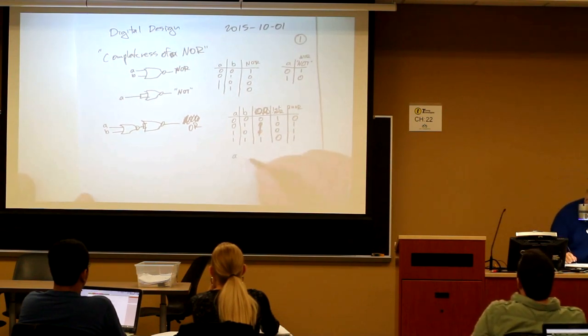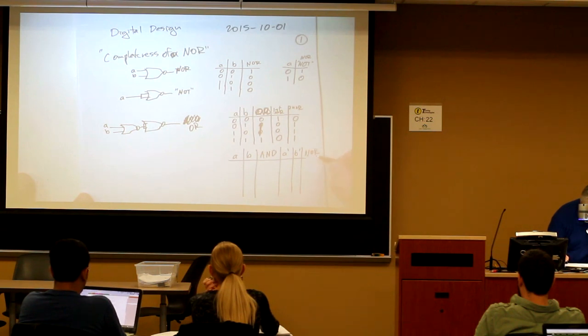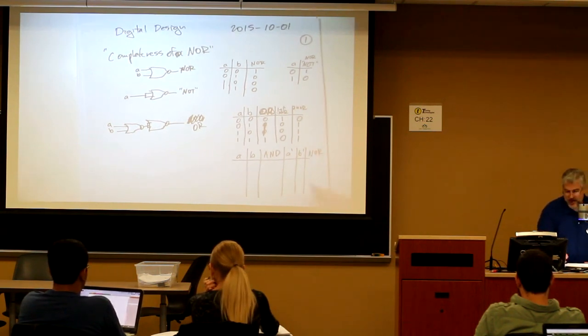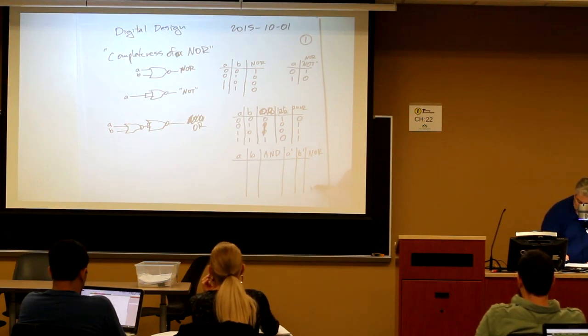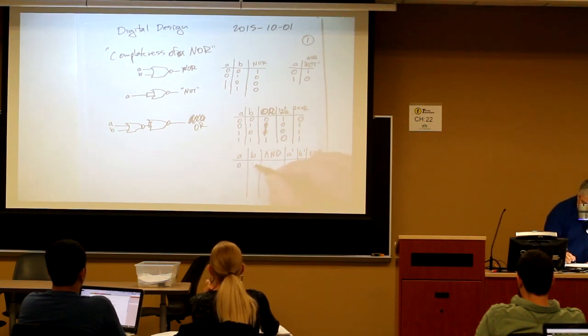So now let's look at A, B, and so eventually, after the last NOR, we want to end up with 1, 0, 0, 0. So if we have A, you know, this is our goal.